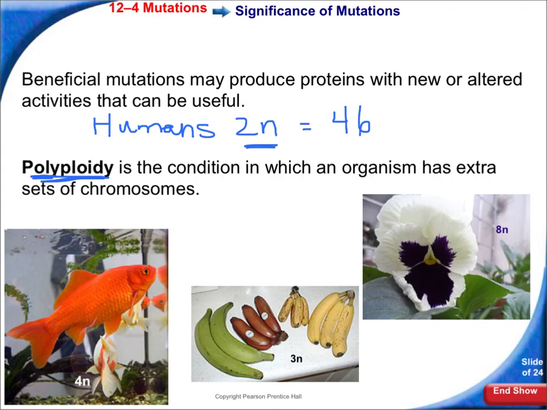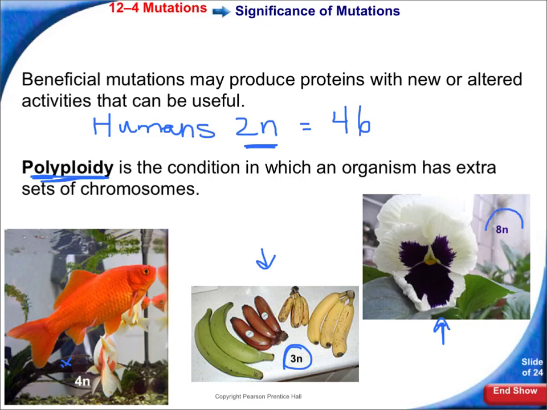For example, our little goldfish here is what we call tetraploidy. He has a 4n number, so he actually has 4 sets of chromosomes. Bananas, we love bananas. They are 3n, so they are triploid. They actually have 3 sets of chromosomes. And one of my favorite flowers here is a pansy.